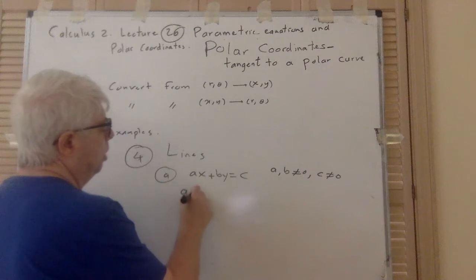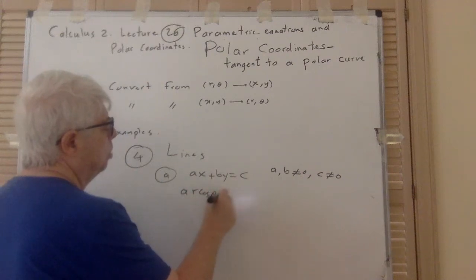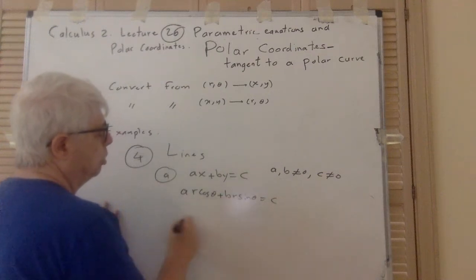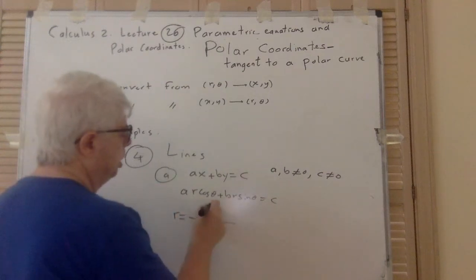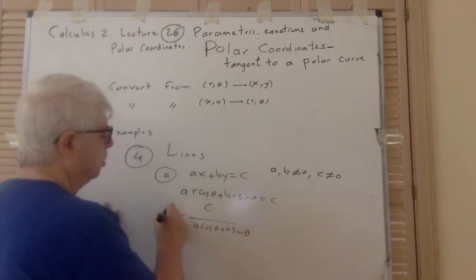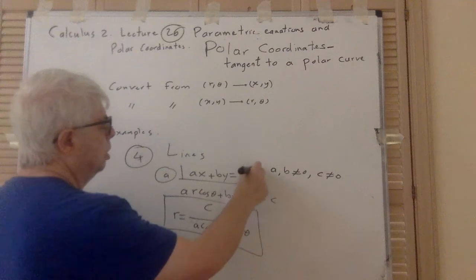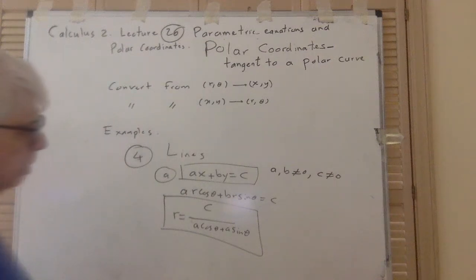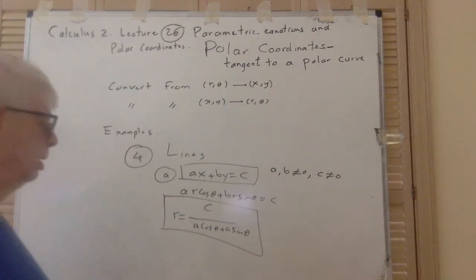Now, if I write a r cosine theta plus b r sine theta equals c, and solve for r, it will be c over a cosine theta plus b sine theta. So this line has this interesting and nice polar form.